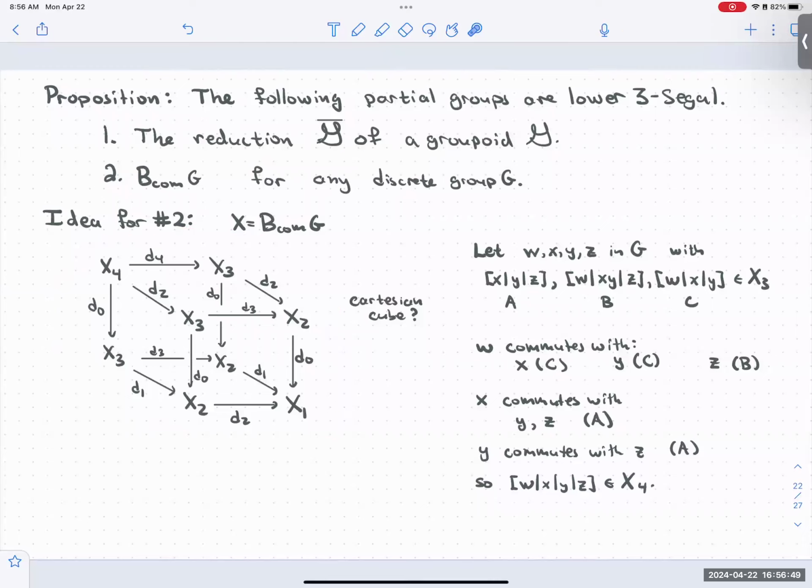So if I had some list of elements in G and I had what should be their faces under these maps, d0, d2, d4, in a just world, we'd end up with x, y, z if I do d0, and d2 is going to multiply in the middle. But I don't actually have an element here that I'm doing this with. So I'm proposing that I do have an element, and you just have to see that everything commutes with everything else. And you can just read that off of the fact that these are 3-simplices here.